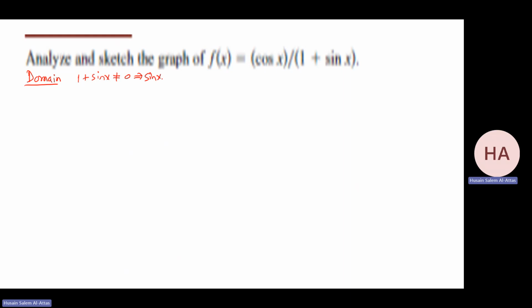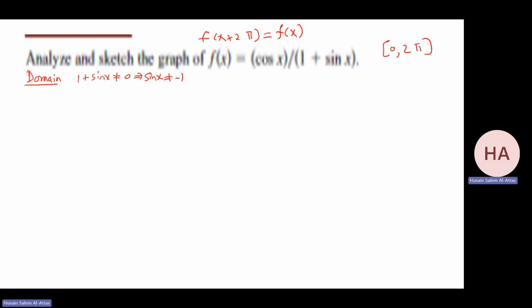That means sine x is not equal to minus 1. But I notice f of x plus 2 pi is the same as f of x. So I will consider only 0 to 2 pi, and then I will make a copy.